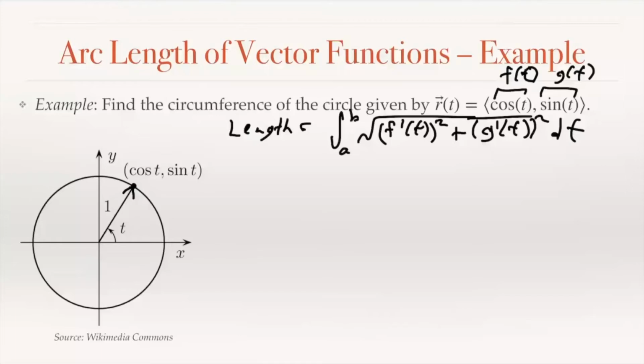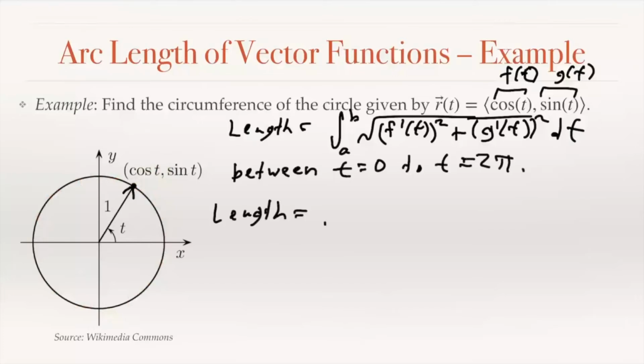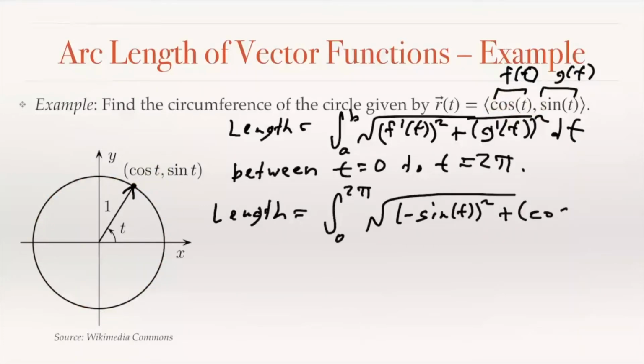And what are our bounds? This will be between t equals what and what? Well, it's one full revolution. That corresponds to t equals 0 to t equals 2 pi. So the length is the integral from 0 to 2 pi of the square root of, okay, the derivative of cosine is negative sine, and the derivative of sine is cosine.